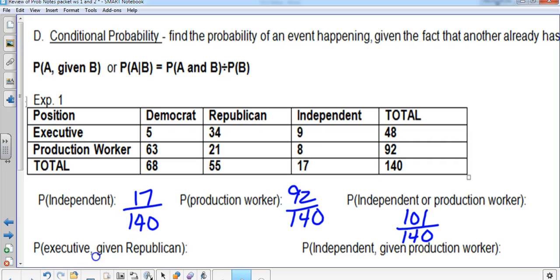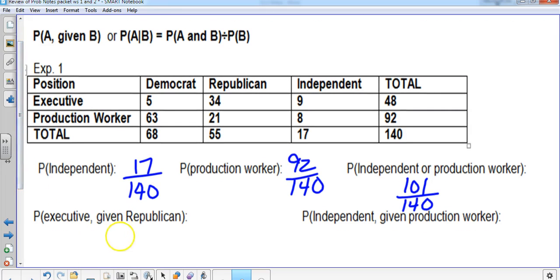This is something different. Okay, this is a conditional probability. It says, what's the chance we get an executive given that we are choosing a Republican? This means only out of these 55, what's the chance that we picked an executive was 34. Everybody okay with that?